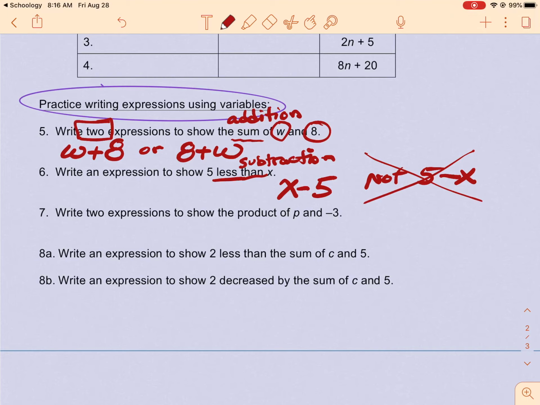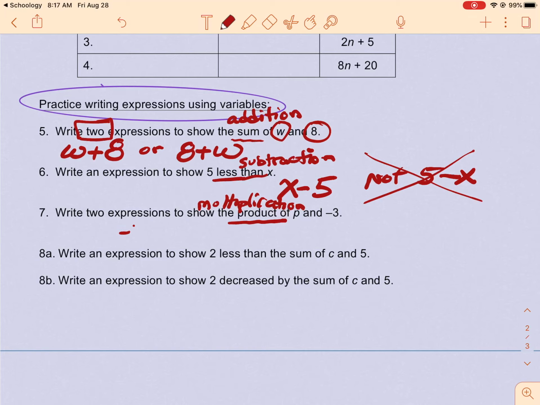Let's look at 7. Write 2 expressions to show the product. We're thinking multiplication. of p and negative 3.